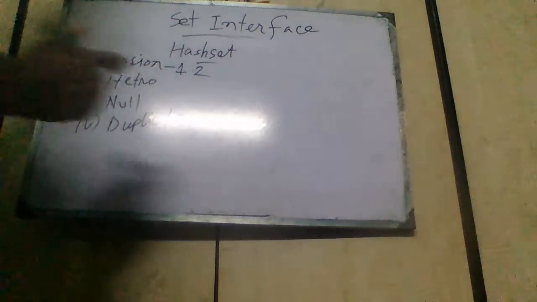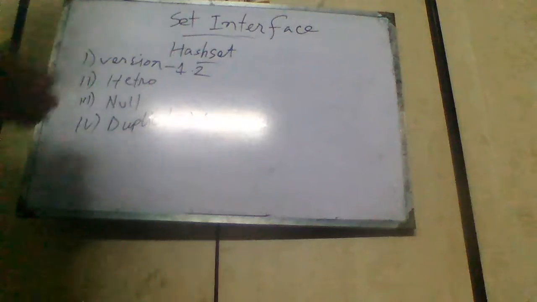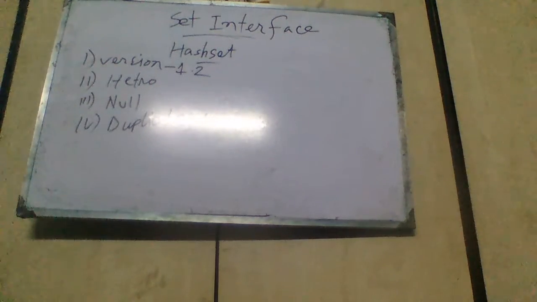That's why the duplicate value will not be stored in the Set interface.